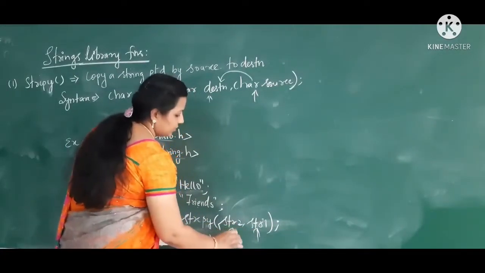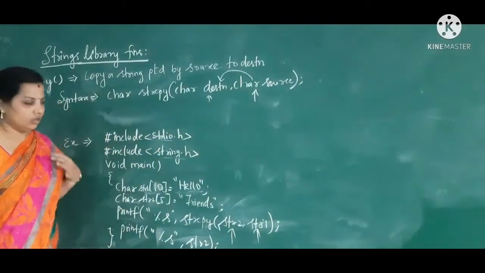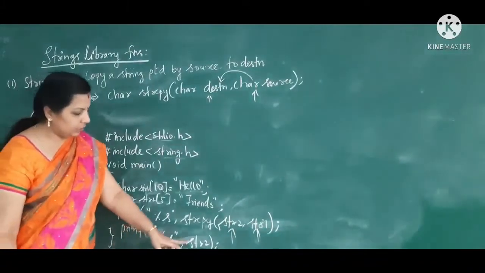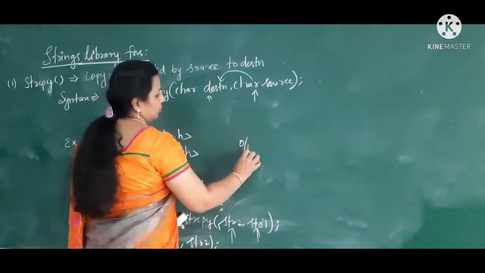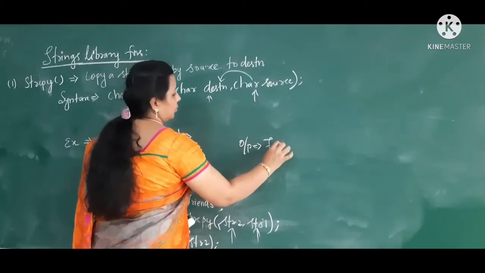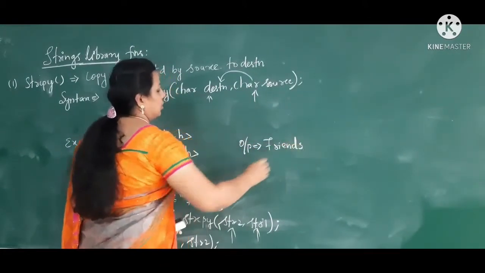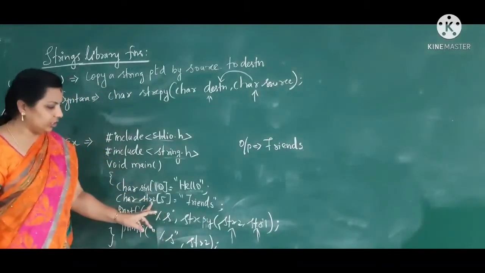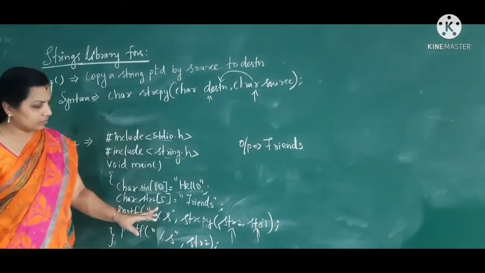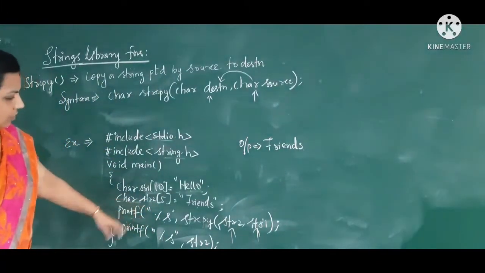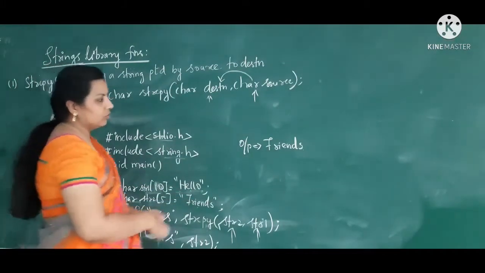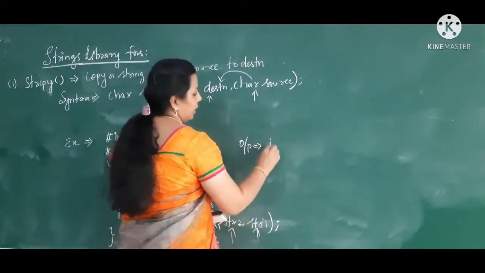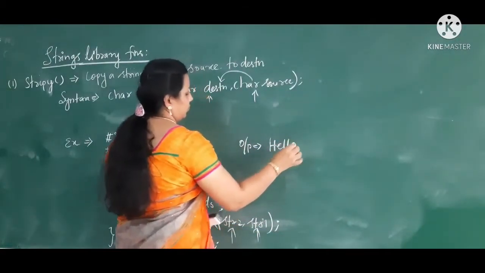When I print string 2, what will be my output? Whatever content is present in string 1 will be copied into string 2. So my output will be hello.